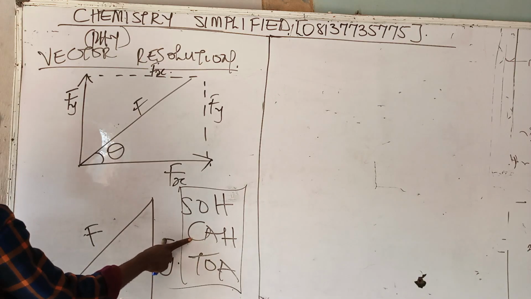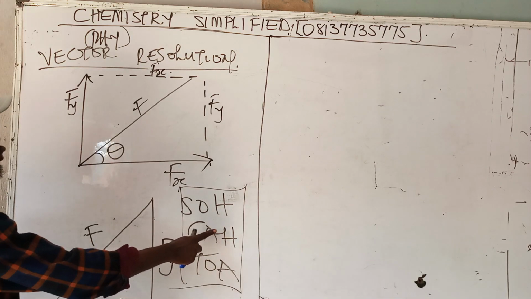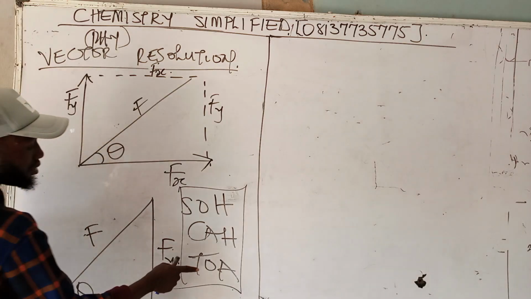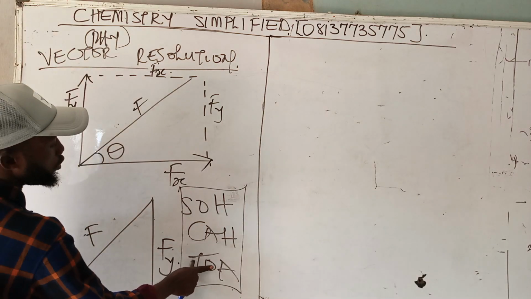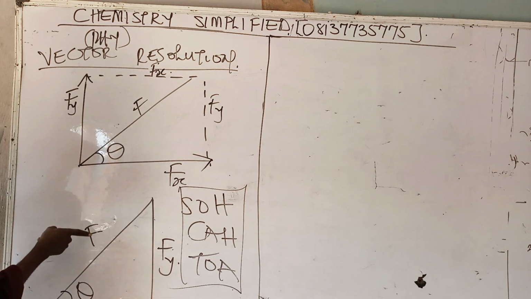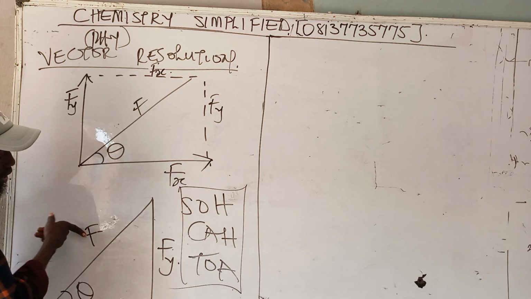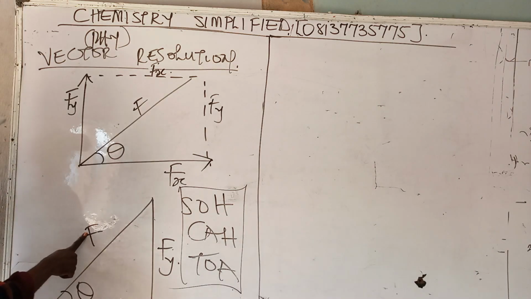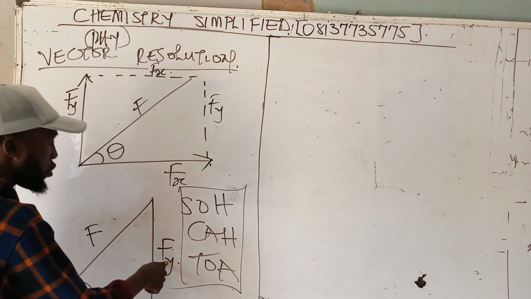CAH represents cos theta equals adjacent over hypotenuse, and TOA represents tan theta equals opposite over adjacent. If we have to resolve the force vertically, we have to look for what joins this F with this Fy.